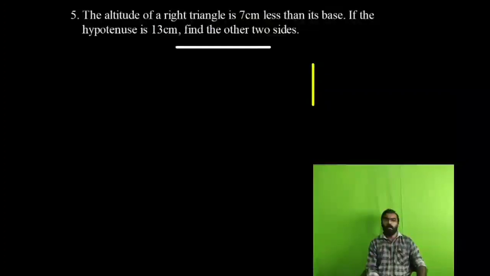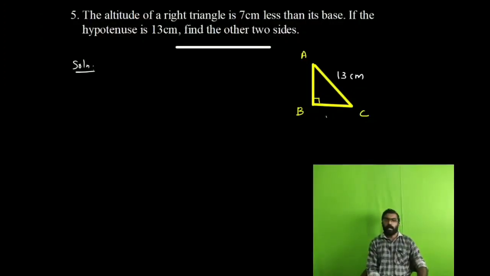We can draw a right triangle, name it as ABC, and we have hypotenuse 13 centimeters, so AC is equal to 13 centimeter, and the condition we are given is the altitude of a right triangle is 7 centimeter less than its base.